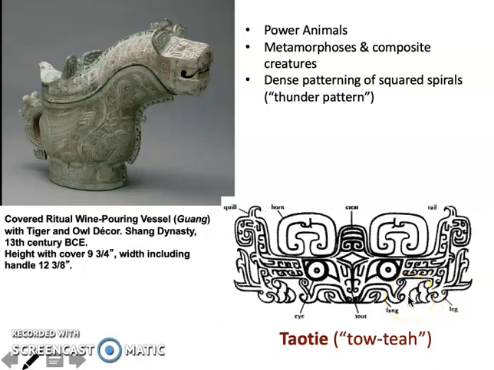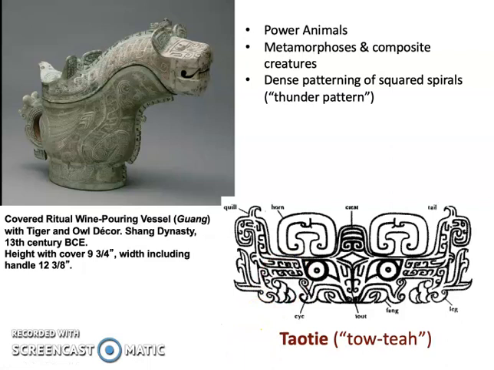And we see that this is part of a centralized, symmetrical figure that is built out of squared spirals. They are the elemental vocabulary, the alphabet, if you will, of Shang and Zhou dynasty art. They are called thunder pattern, and they create this sense of a kind of complicated movement.